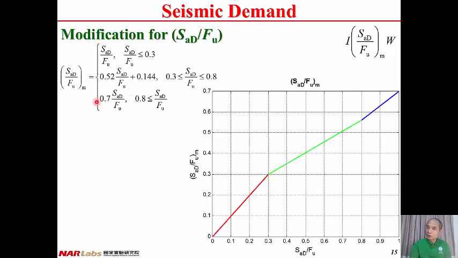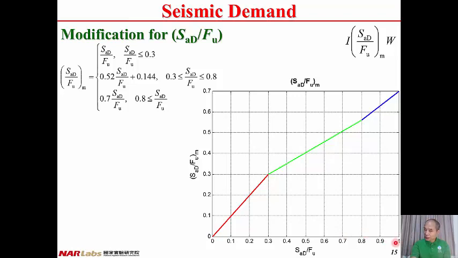If we plot the equation into a curve, then we have three segments. One is when SAD divided by Fu is less than or equal to 0.3, where no modification is necessary, so the slope here is 1 to 1. When SAD divided by Fu is larger than 0.8, it is reduced to 70%.